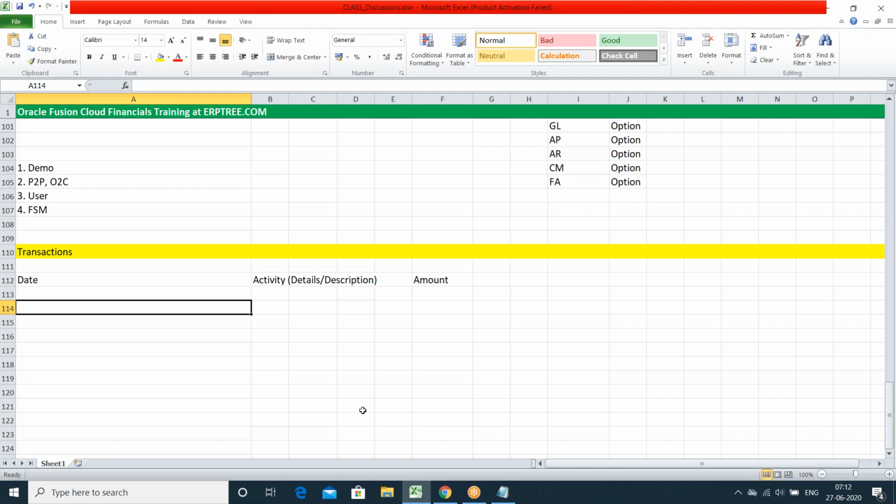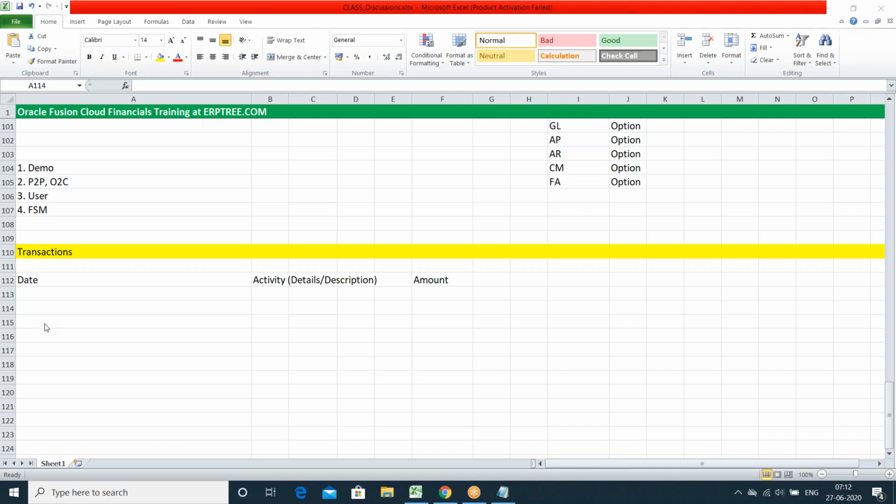When you are recording the transaction, say today we are recording the transaction, we will definitely capture today's date. Today's date is June 27th. When I select June 27th, which period does it belong to? June period. So that means I am tracking the transaction with the date and period.